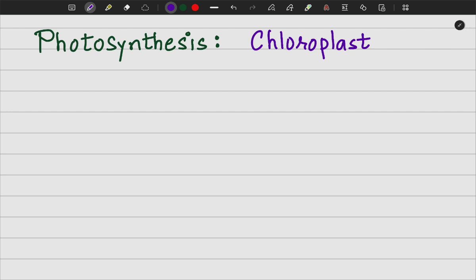Basically what happens in photosynthesis is that the green parts of the plant, basically the leaves, capture the sunlight and utilize that energy to convert it into an organic compound, which is basically a sugar, and that sugar is then used and stored inside the plant body as carbohydrates.